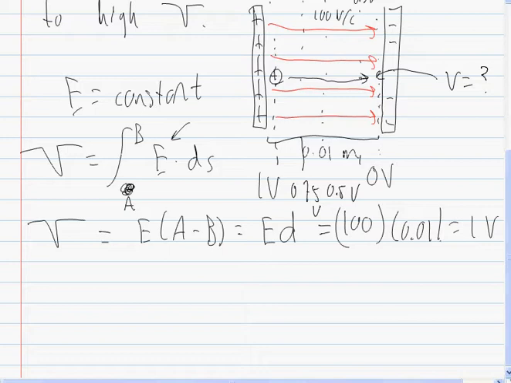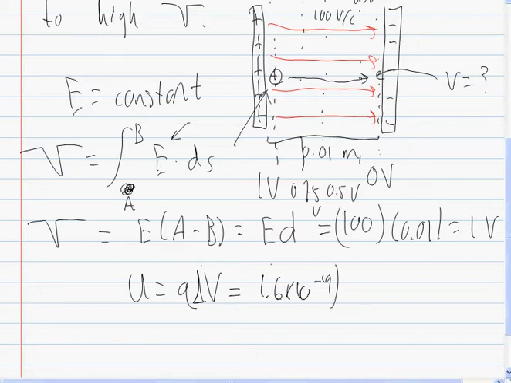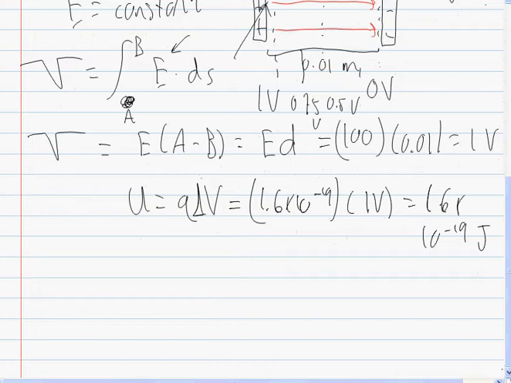Well, to do that, I'd find the potential energy it had, which I do by taking Q times the change in V as it goes across there. So 1.6 times 10 to the negative 19th coulombs times 1 volt gives 1.6 times 10 to the negative 19th joules. And all that energy is going to become kinetic energy.